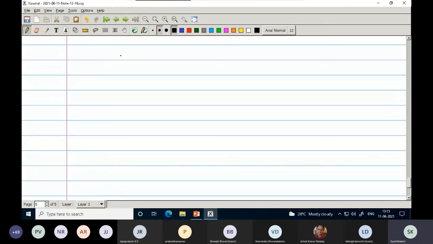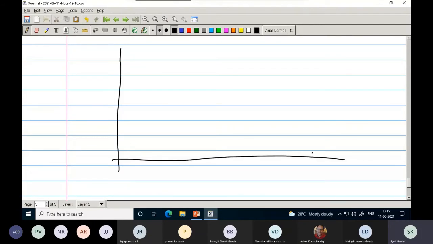So let's have this xt plane here. This is the time axis, that is my space axis, that's my bar. At x equal to 0, I am applying velocity v naught.